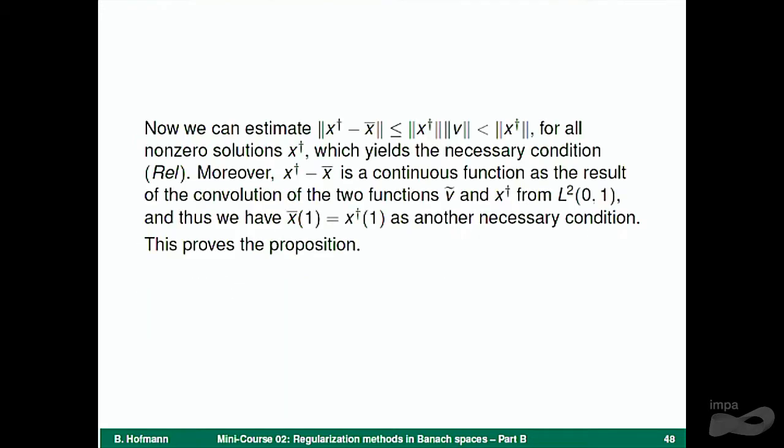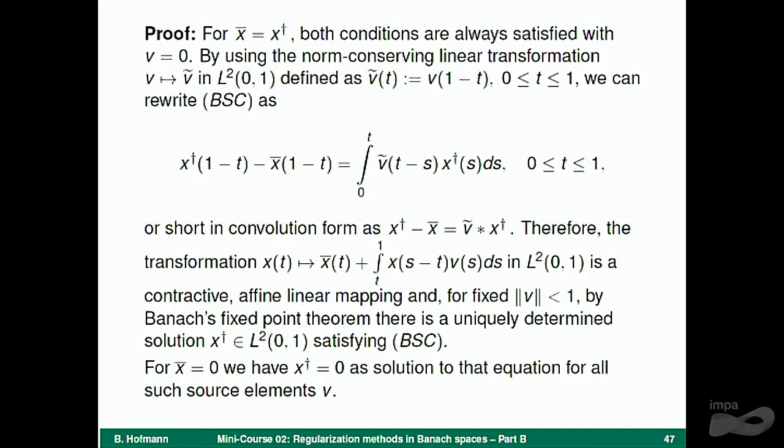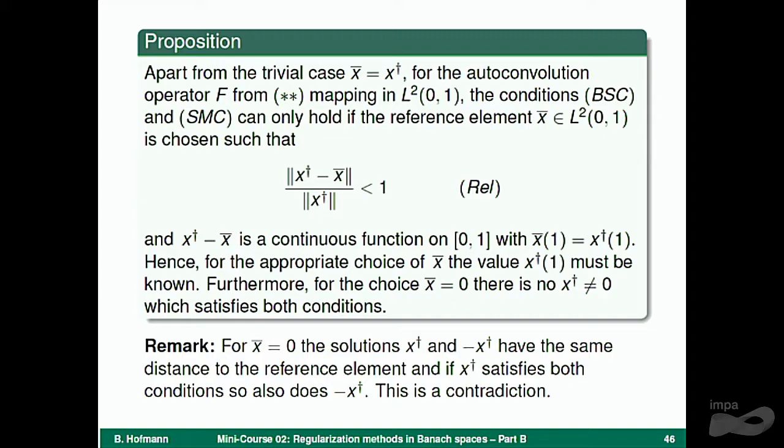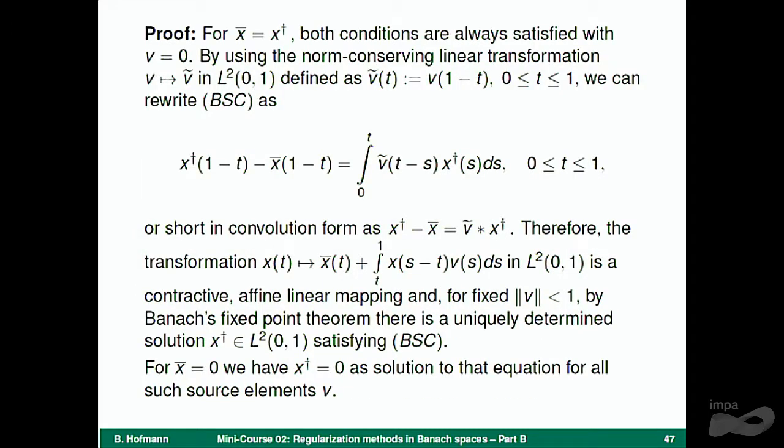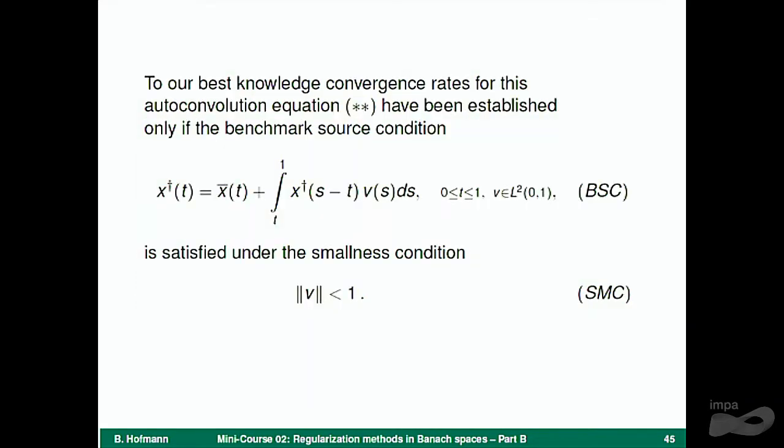Last, before we really come to the Banach space situation, the problem which occurs here is that if you have a look at, let's say, this benchmark source condition, you have to satisfy it in order to get it. Okay. And now, this smallness condition in this way is this.